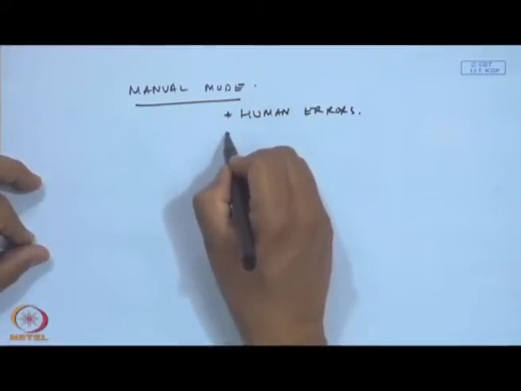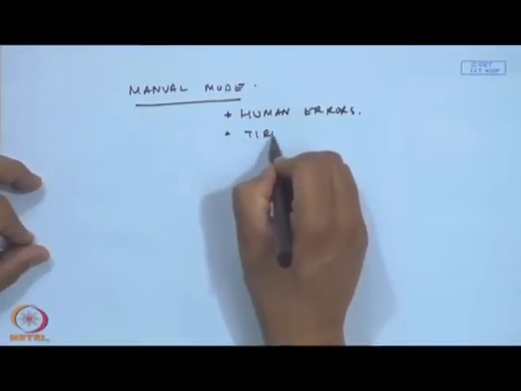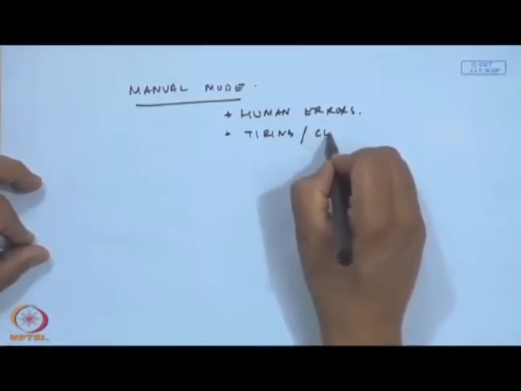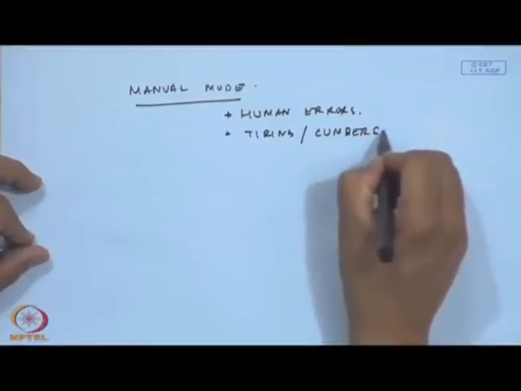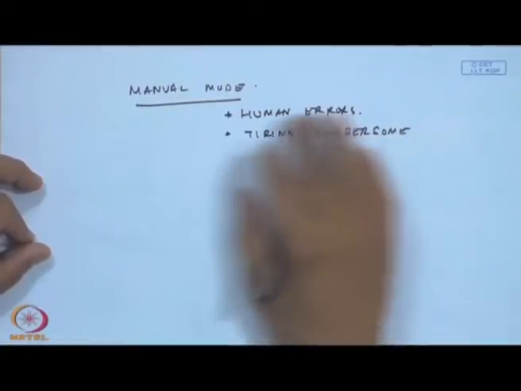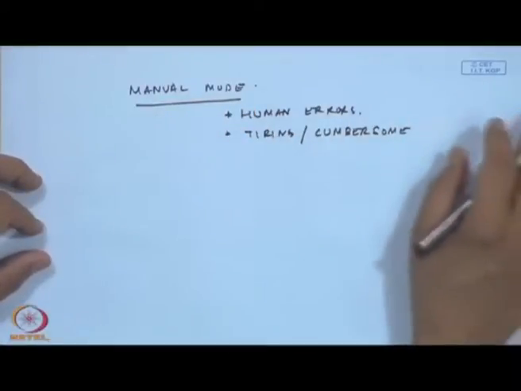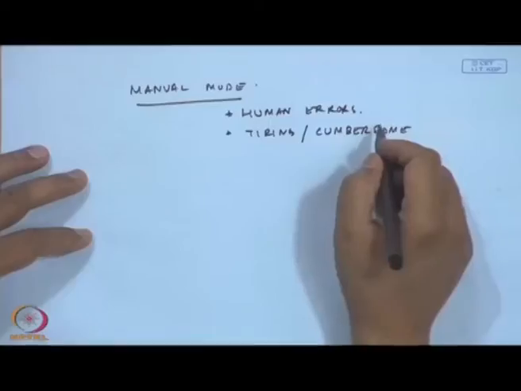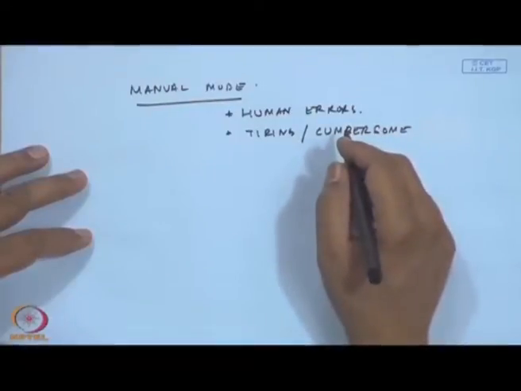Another was it was tiring and cumbersome, because visually you have to read all the meters in the control room, and the control rooms could have panels of meters and so on. This was a very tedious process, and there are a lot of chances by which errors could creep in. There have been instances where people have reported that because of a wrong reading recorded by a person, the interpretation was wrong, and the analysis of the prognosis was not correct.